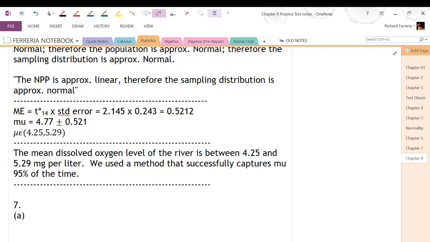What's wrong with A? If the poll were conducted the same way again, there's a 95% chance that the fraction of voters favoring term limits will be between 61 and 67%. Remember that confidence level has to do with success rate of capturing the mean.